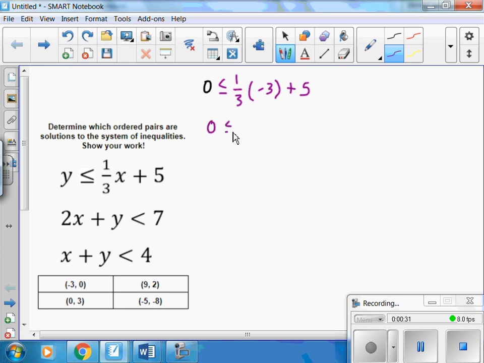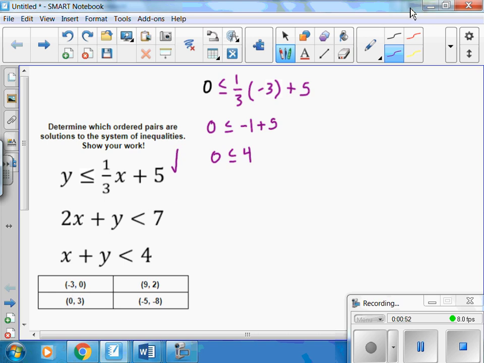Okay, so we have 0 less than or equal to -3 times 1/3 is -1, and then plus 5. And you have 0 is less than or equal to -1 plus 5 is 4. 0 is less than or equal to 4, so it works for this. The (-3, 0) does work for that.